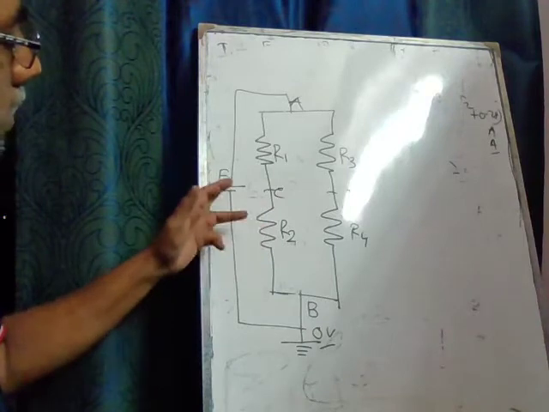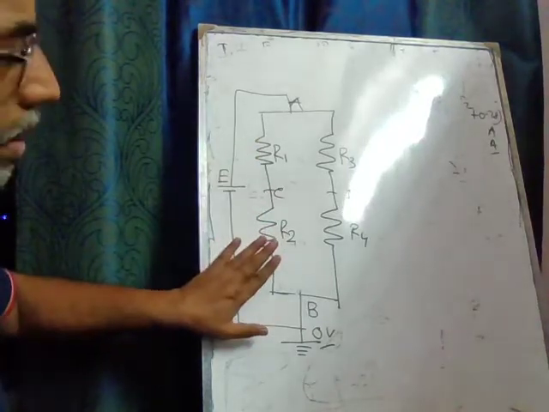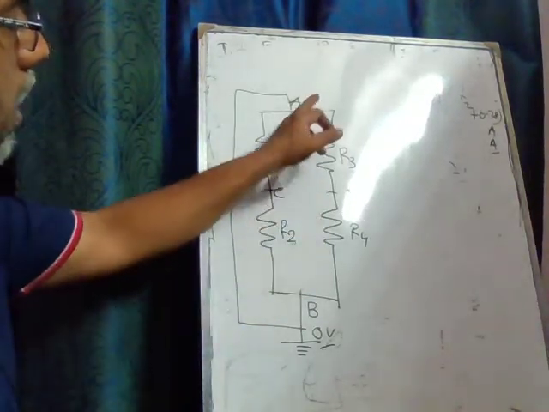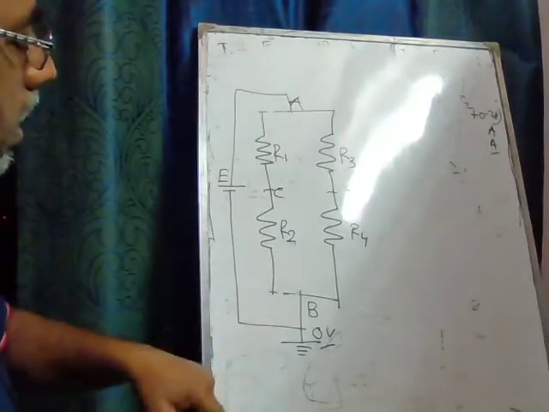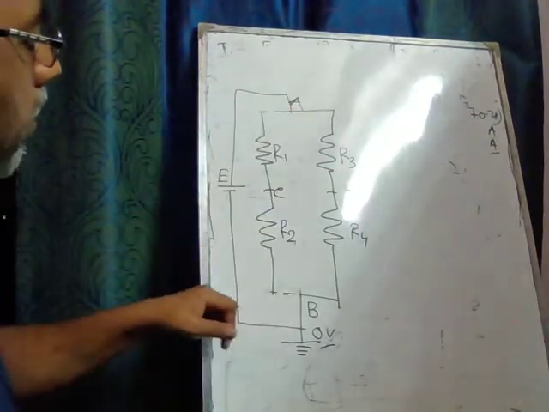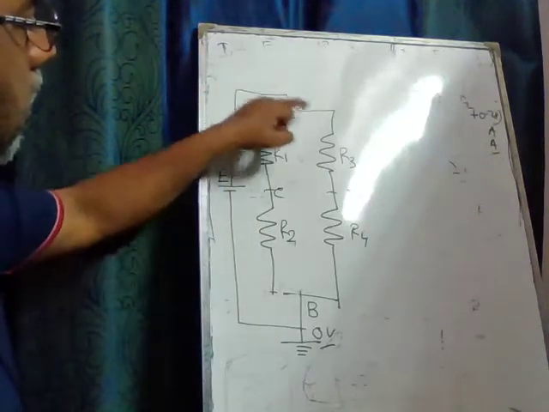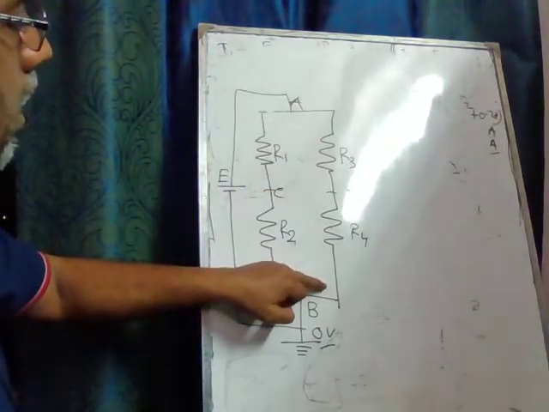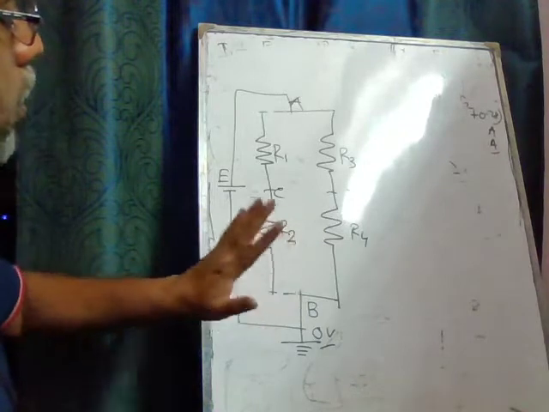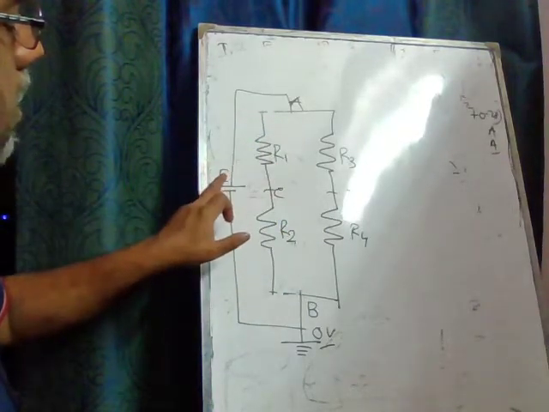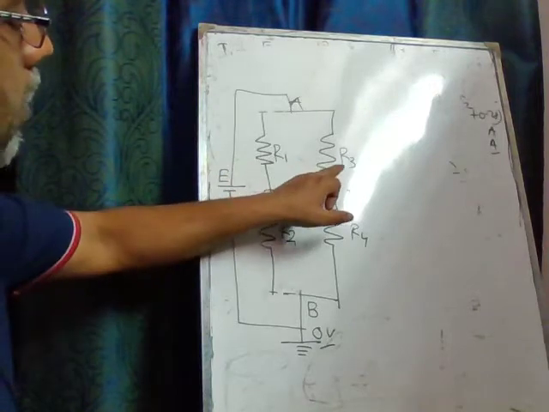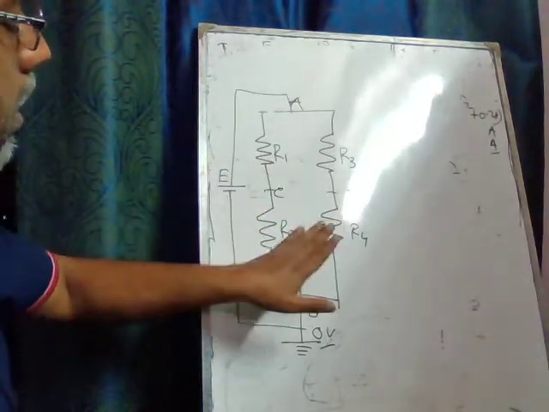So I1 is nothing but E over R1 plus R2. Similarly, on the other side, if this is disconnected, what current flows? There is only one path on the right comprising R3 and R4. So you can break up the circuit and simply divide E by R3 plus R4, and you will get the current I2.